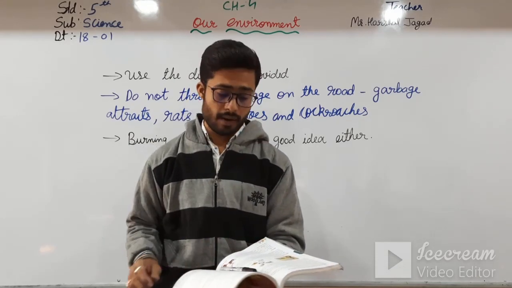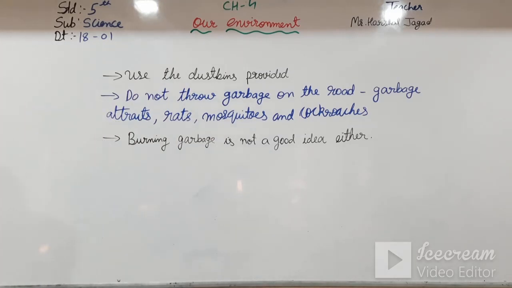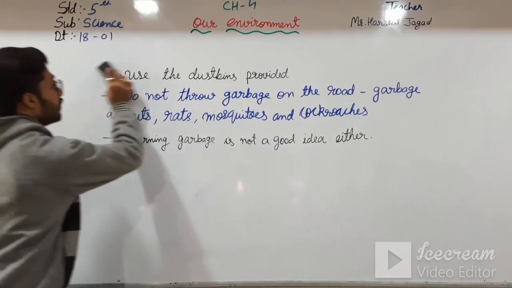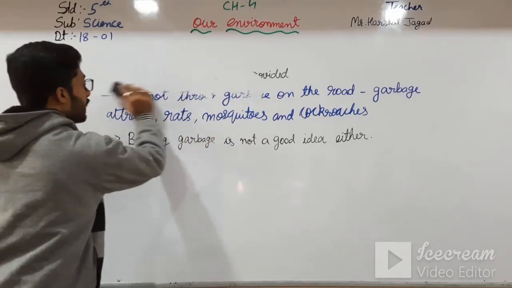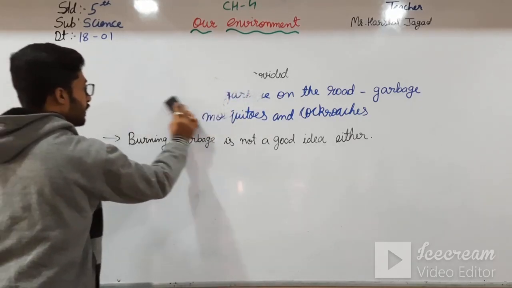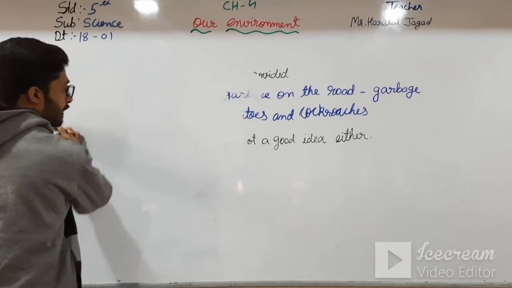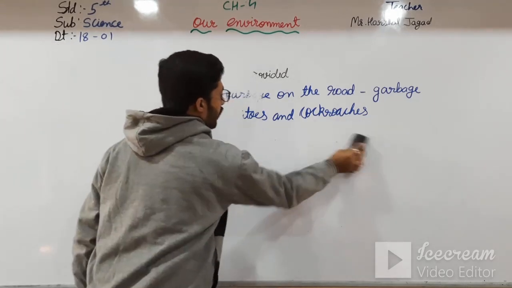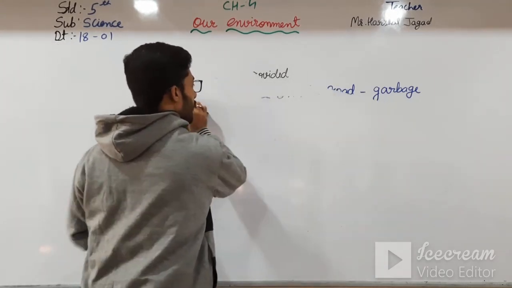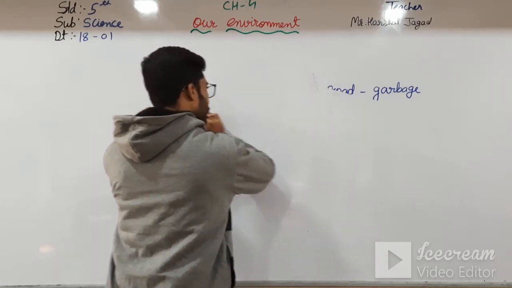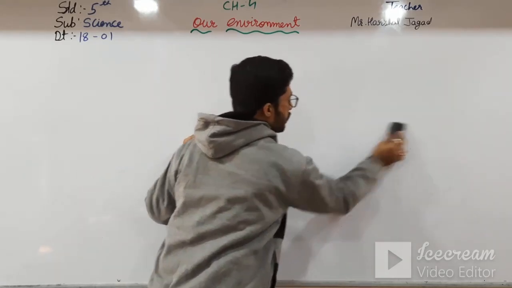biodegradable and non-biodegradable. So what is that? Biodegradable and non-biodegradable. Let us see that. Biodegradable means they degrade. If I talk about paper, we know that it is degradable, and it will mix with the soil.